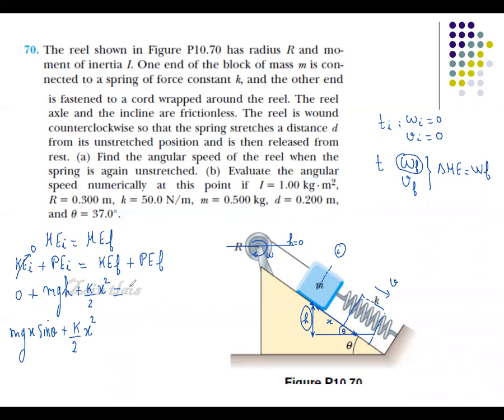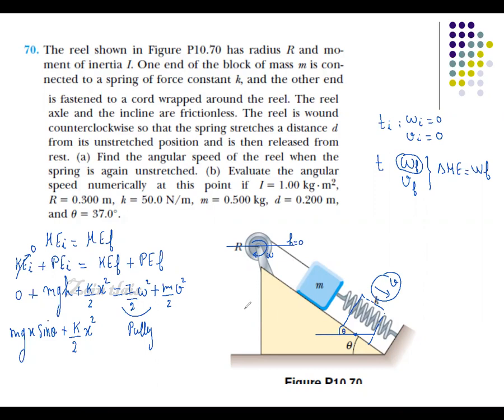So we have the rotational kinetic energy of the pulley, which is equal to I over 2 omega square, plus, at the final position of the system, we have a velocity v, so a translational kinetic energy m over 2 times v square.